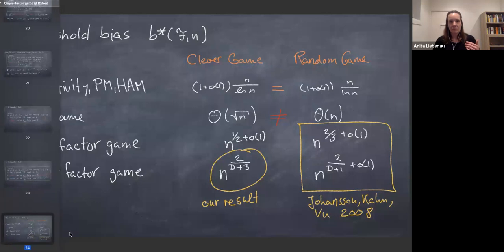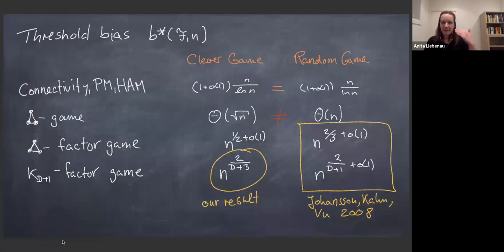And for the triangle factor game, in the clever game, we have the threshold of n to the square root of n times some polylog factor. So we actually do not know what is the correct polylog factor. And then more generally, for larger d, we have the n to the 2 over d+3.